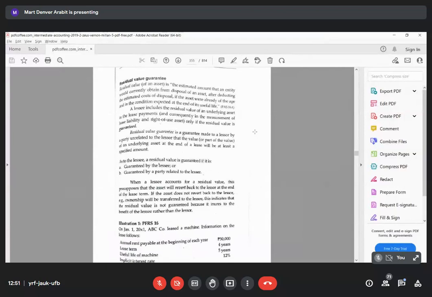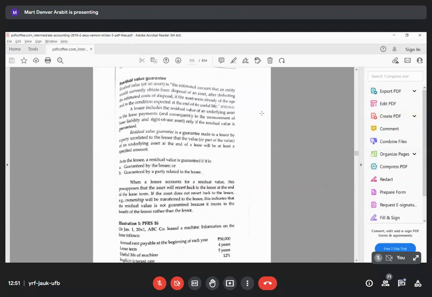Residual value guarantee. So, residual value. This is the estimated amount that an entity would currently obtain from disposal of an asset after deducting the estimated cost of disposal if the assets were already of the age and in the condition expected at the end of its useful life.